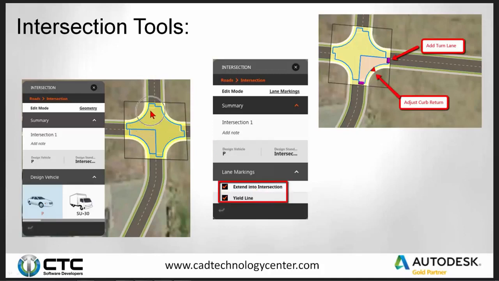You can see my yield line there and there and there and there because they're turned on. So the intersection tool is a really great tool to have when you want to know, is it passenger cars that are typically going on this road, or am I going to be dealing with semi-trucks? And will they be hitting my curb return?